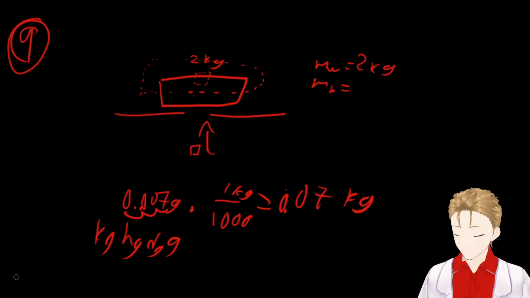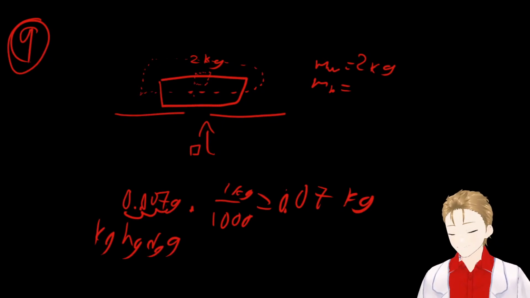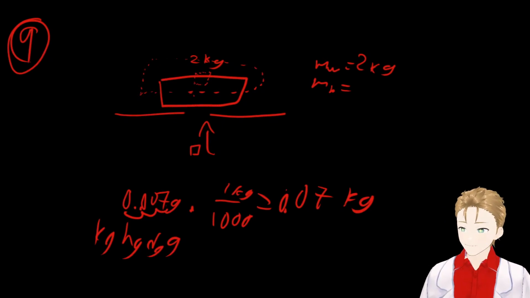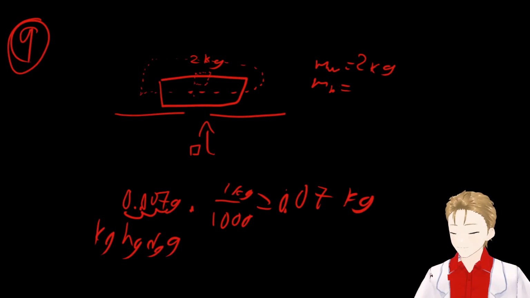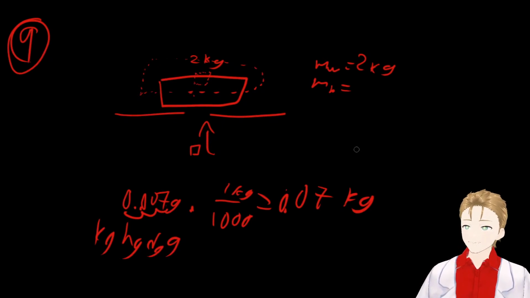That's 0.07. Right? Where are my conversions? I'm bad at conversions. 7 g in kg. It's 0.07. I was correct.